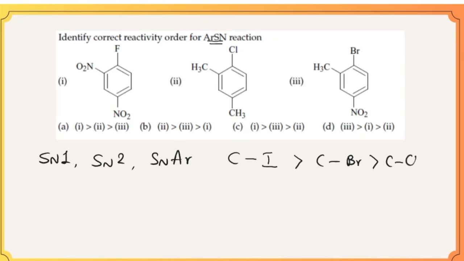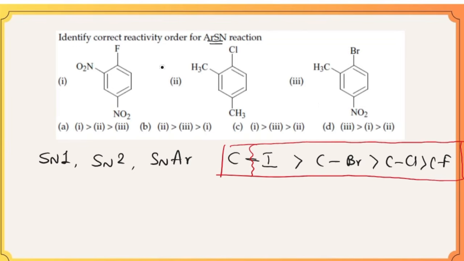Why is it so? It's because of the bond length. The bond length for carbon and iodine will be greater, therefore it's easy to cleave this bond. That's why the order of reactivity will always be like this.